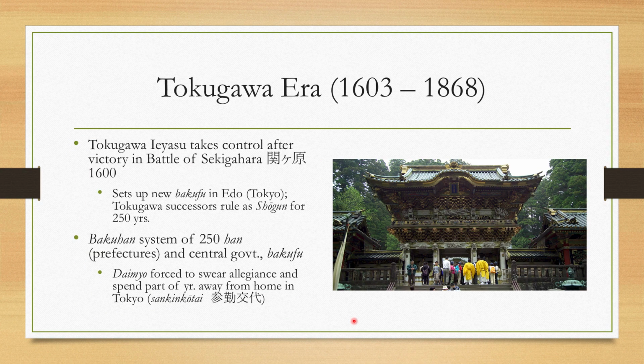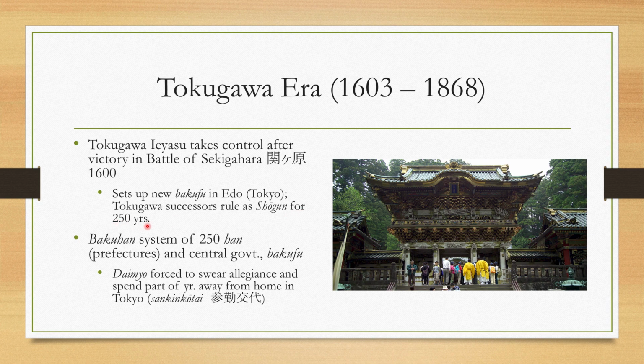Then begins the Tokugawa era after the Battle of Sekigahara, after Tokugawa Ieyasu was victorious there in 1600, and he sets up his new Bakufu government. Again, this word is taken from the earlier Kamakura Bakufu, but this time in Tokyo, known as Edo. His successors ruled as shogun for the next 250 years.